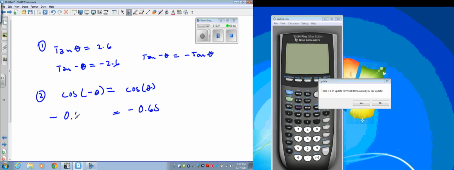Negative 0.65. They're the same. You don't change the signs. Because tangent of negative theta equals negative tangent theta, you have to change the sign. But cosine of negative theta equals cosine theta, you don't change the sign. Whatever the value of cosine is, the cosine of the negative angle is going to be the same.